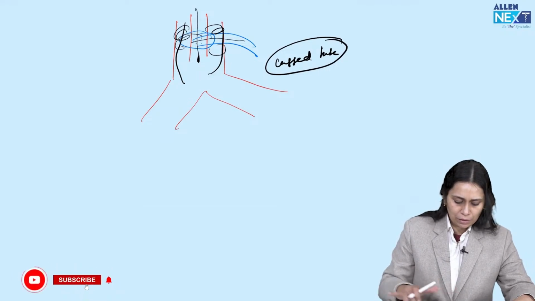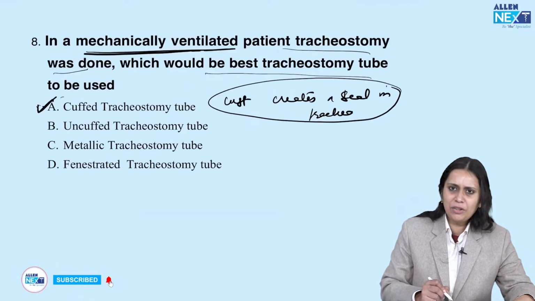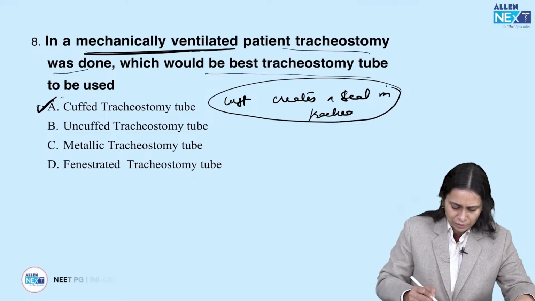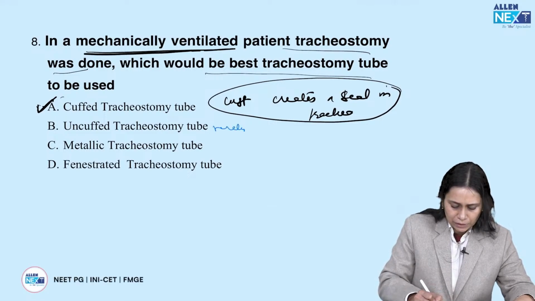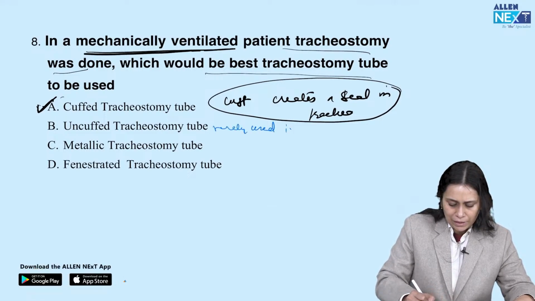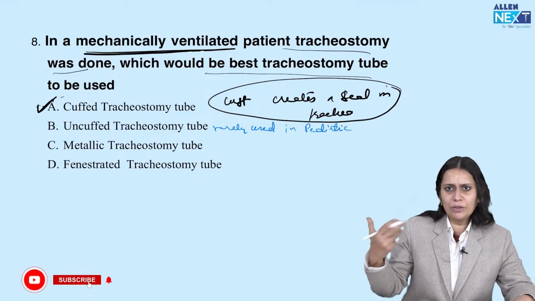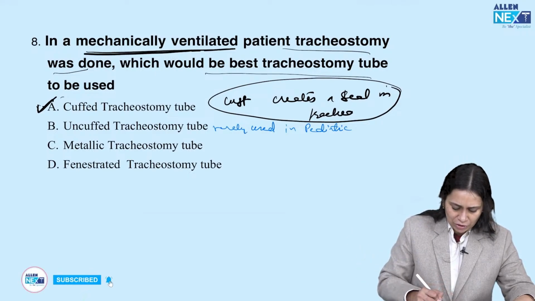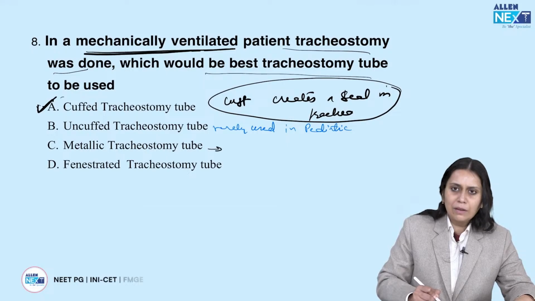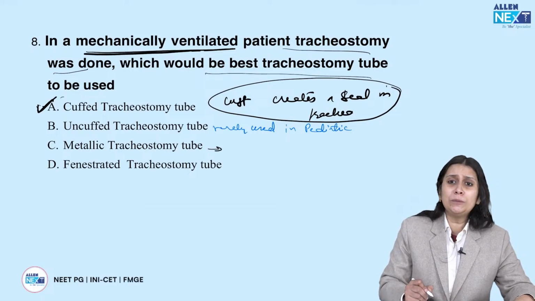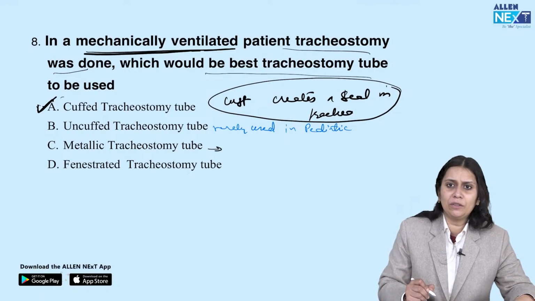Got my point? Okay. Now, an uncuffed tracheostomy tube is rarely used in pediatrics, during surgery and so on. Normally in pediatrics also, during mechanical ventilation we use a cuffed tube. A metallic tracheostomy tube is used when the patient is on long-term tracheostomy, just to maintain the patency of the trachea.